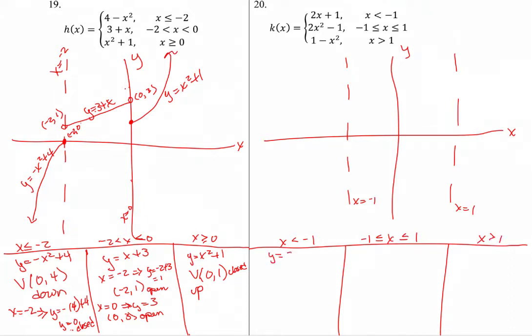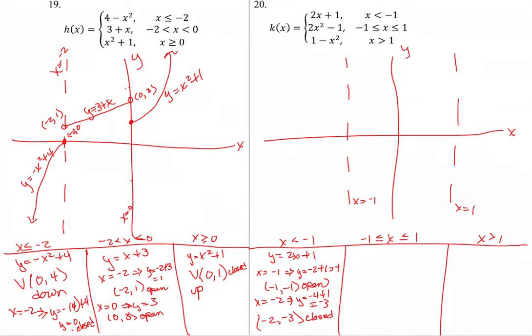Here I have y equals 2x plus 1. So if I let x equal negative 1, then y equals negative 2 plus 1, which is negative 1. So I have the point negative 1 with an open circle. Now I'm going to let x equal negative 2, then y equals negative 4 plus 1, which is negative 3. So that's (negative 2, negative 3), and that's going to be closed.